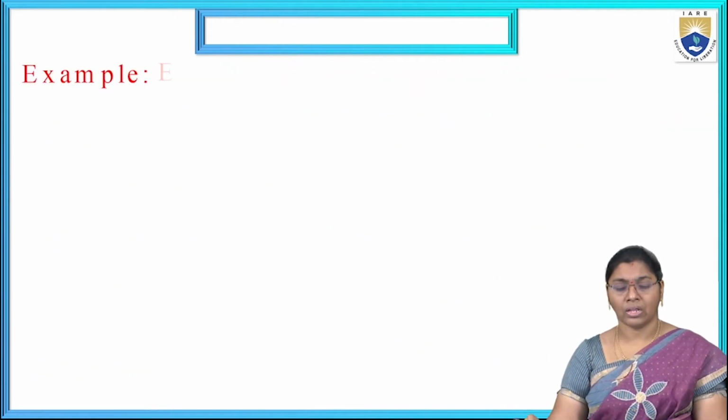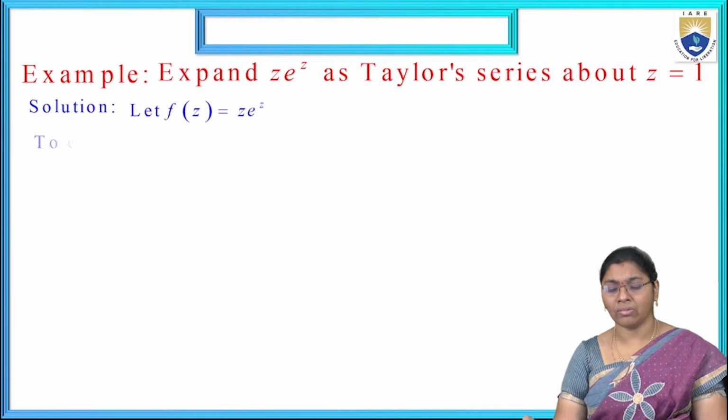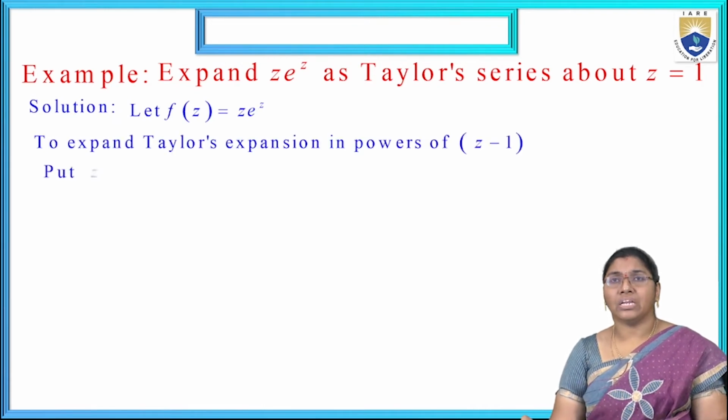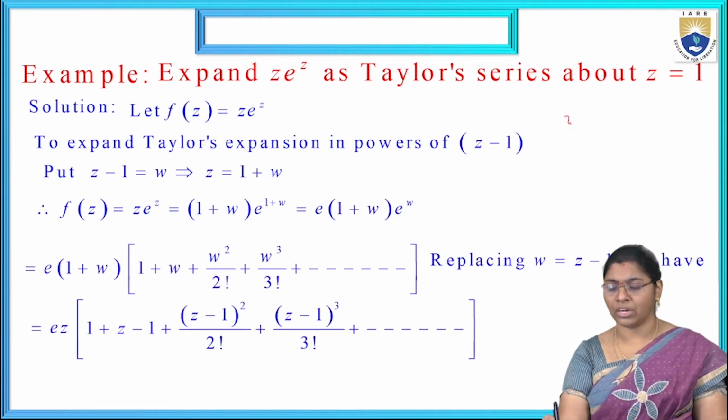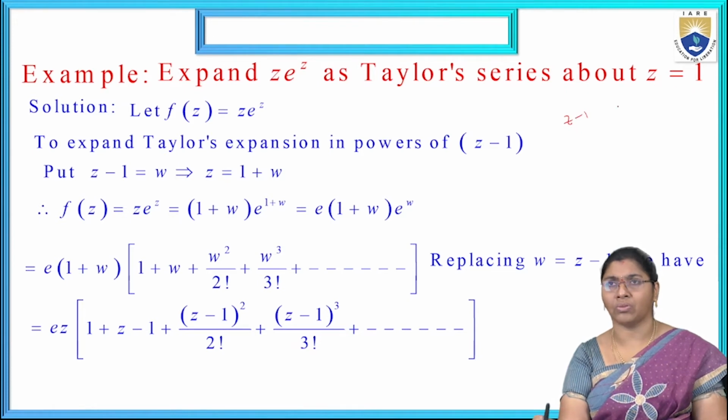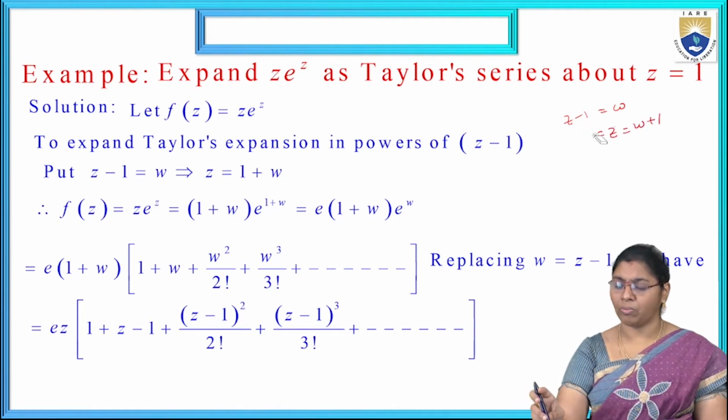Now the second example: expand z e^z as a Taylor series about z = 1. Same as the previous problem. Here also z = 1, so z - 1 = w, that means z = w + 1.